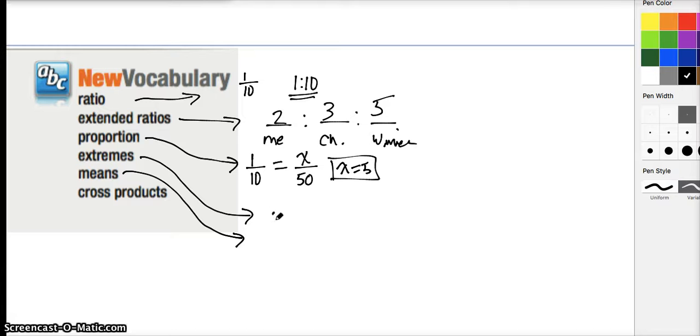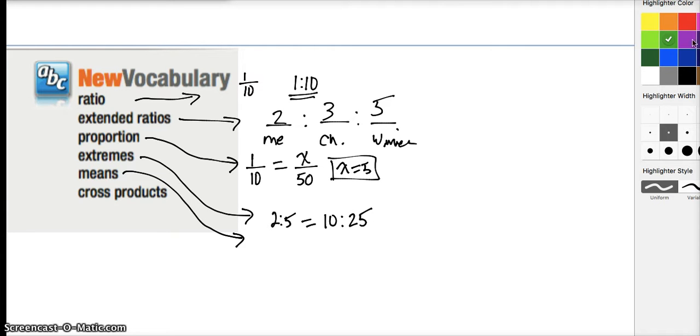So watch this. 2 to 5 is the same as, let's say, 10 to 25. All right, 2 to 5 is the same as 10 to 25. And that's a true statement.